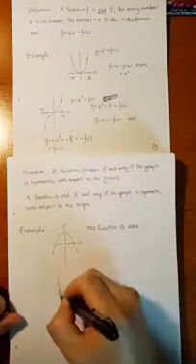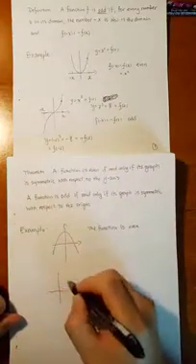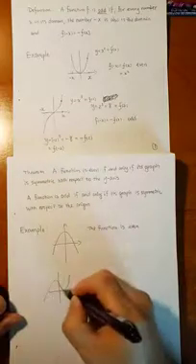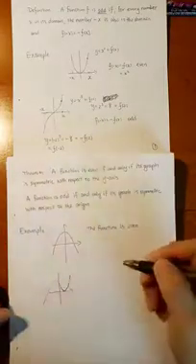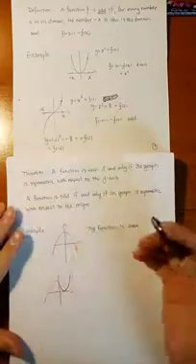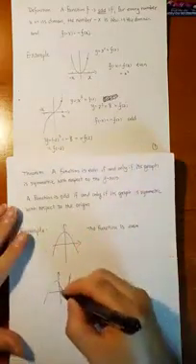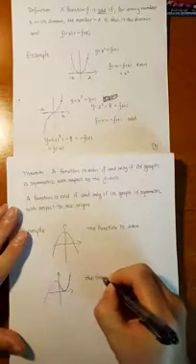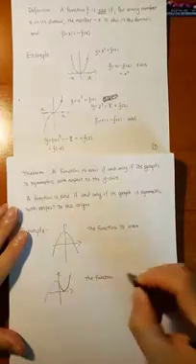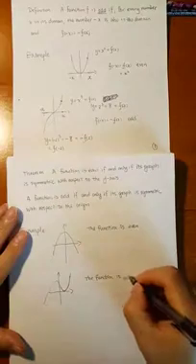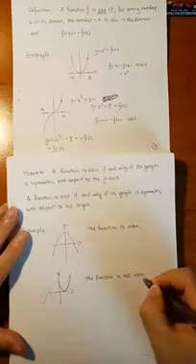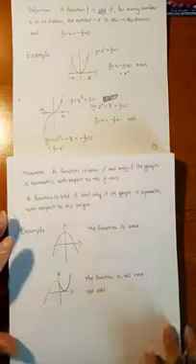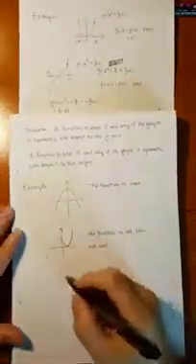And if you see a graph like this, well, it's not symmetric about the y-axis, and it's not symmetric about the origin. So the function is not even, not odd.